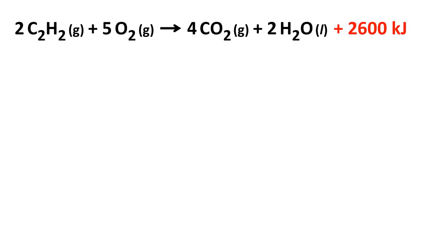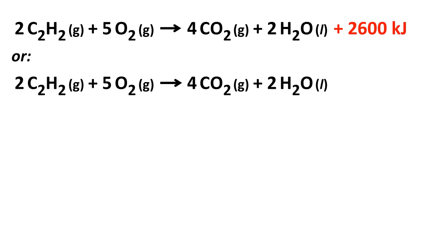And going back again to our example of acetylene undergoing combustion, it produces 2,600 kilojoules, and we often write this instead as delta H for this reaction, the enthalpy change for this reaction, is negative 2,600 kilojoules. And all this means is the negative sign indicates that 2,600 kilojoules of energy are given off.